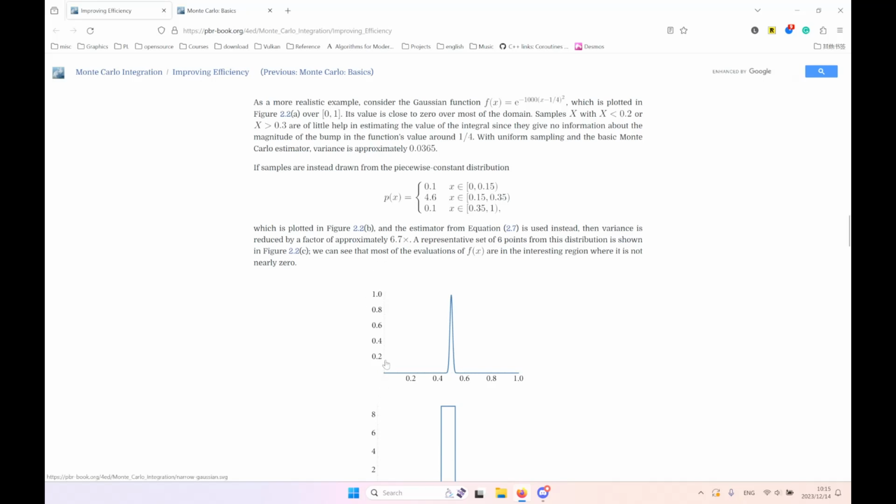If we just estimate that with Monte Carlo integration, we get a pretty large variance because most of our samples contribute little, and we need to be really lucky to get a sample in the middle.